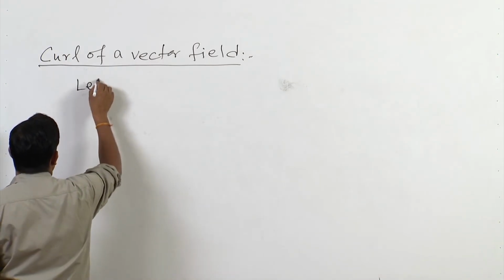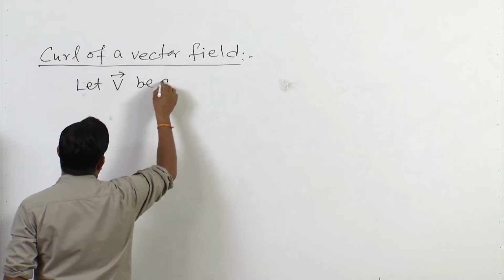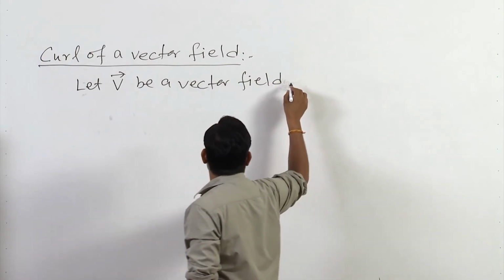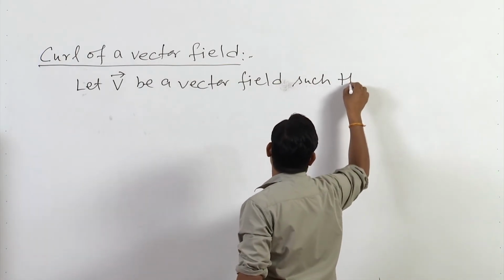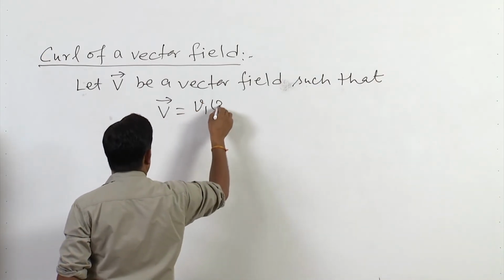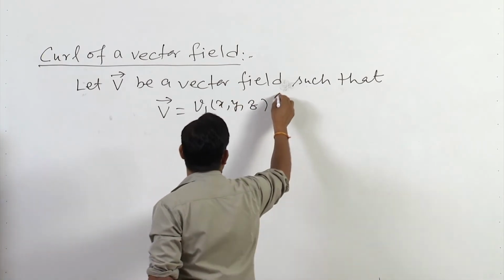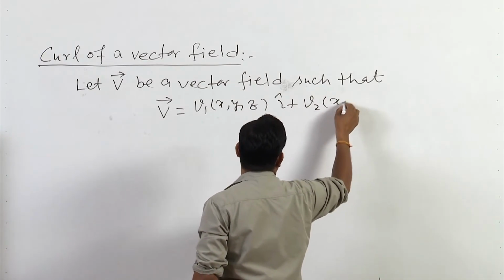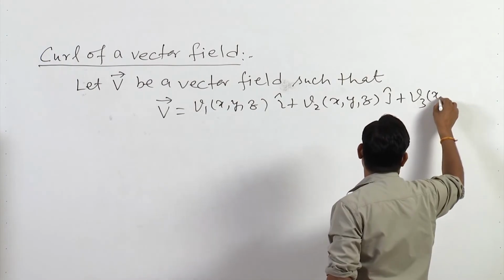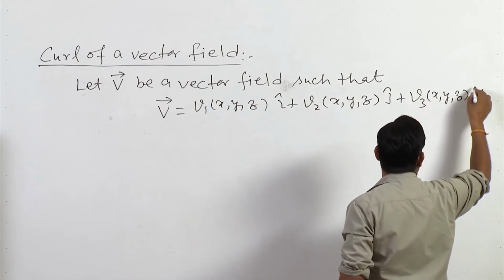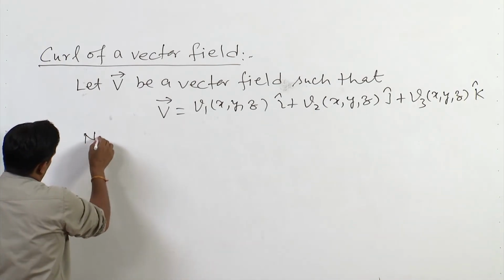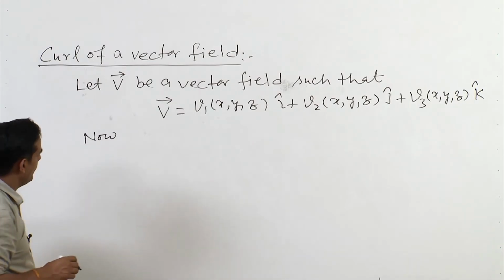So, again let V be a vector field such that it is given as V equals V1(x,y,z) i plus V2(x,y,z) j plus V3(x,y,z) k.